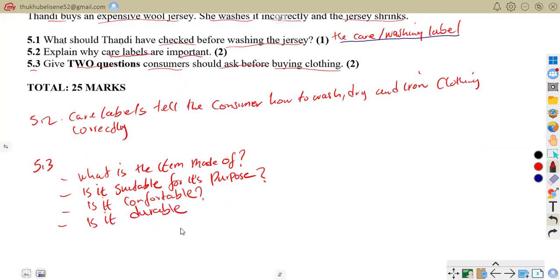So durability is going to help ensure the item will last. The other one will be, is it affordable? This ensures it fits the consumer's budget.